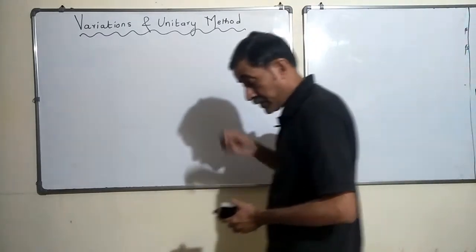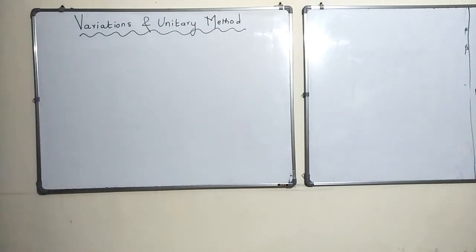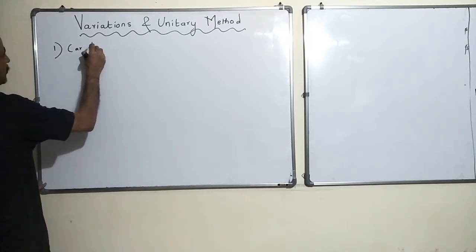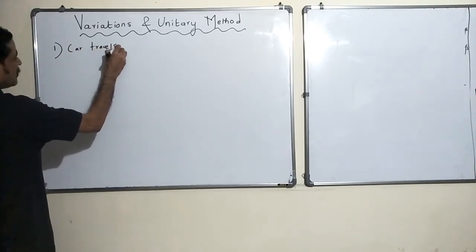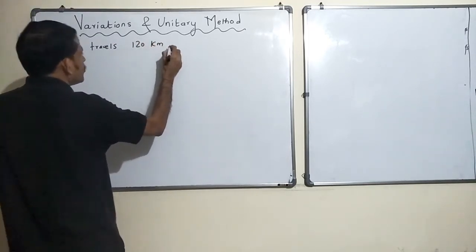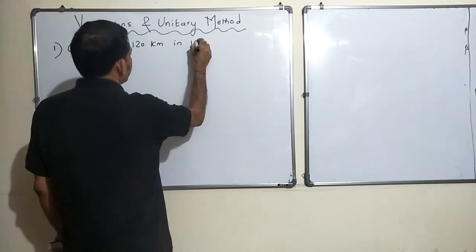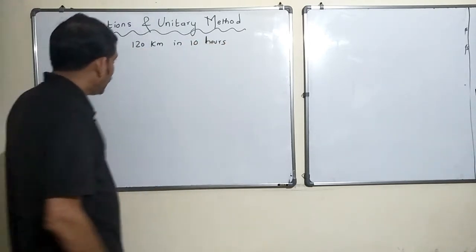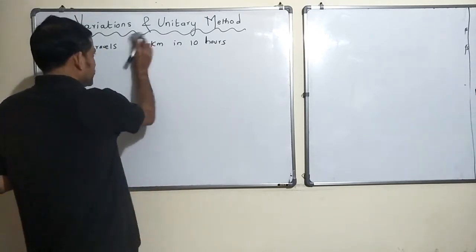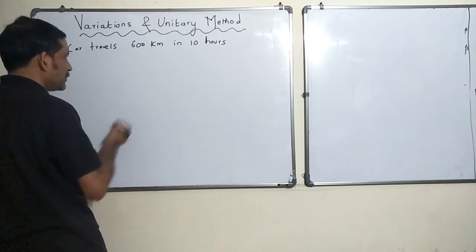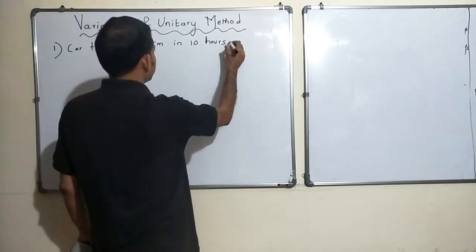All right, the very first problem. A car travels 120 kilometer in 10 hours. Now it's a pretty slow car, so let me do it at 600, a respectable distance covered for a car in 10 hours, right?